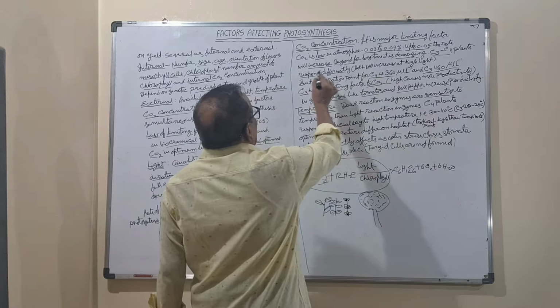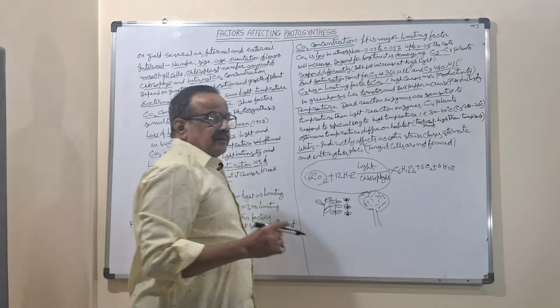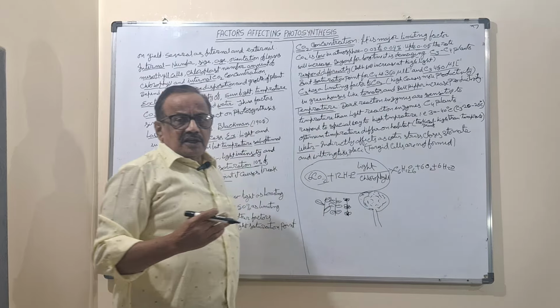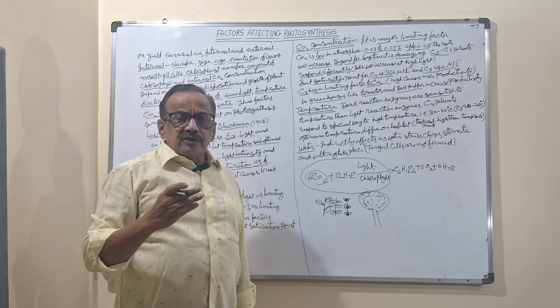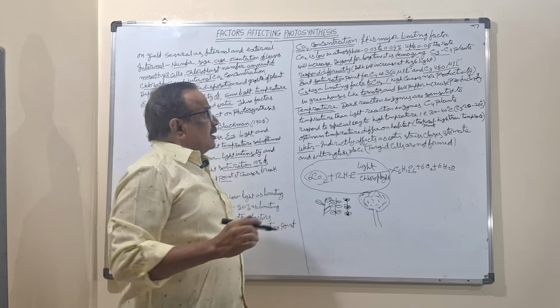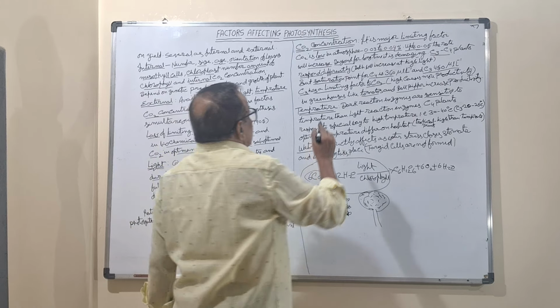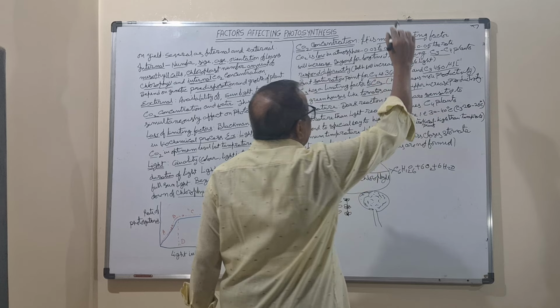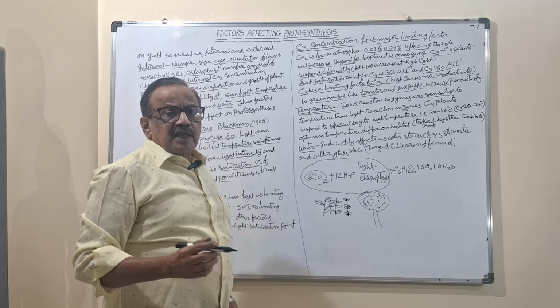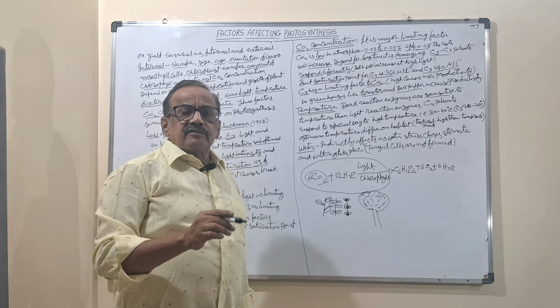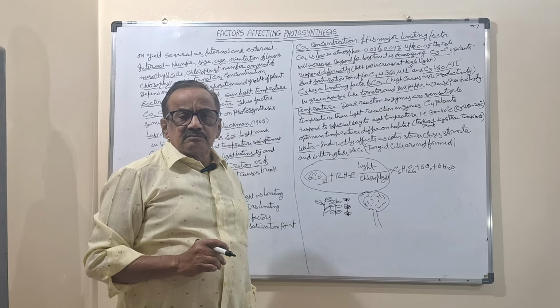Increased productivity means increased photosynthesis. Beyond that, if it increases to more than 0.05% and continues for a long time, it will damage the cell. First it will damage the chloroplast.